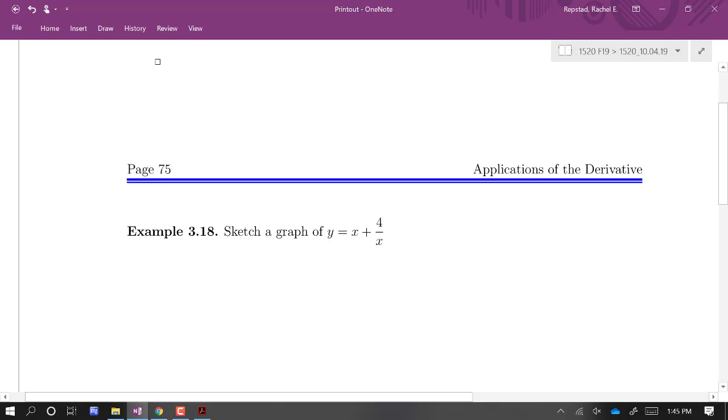So the domain: x can't be 0. If x is 0, that makes us divide by 0. We have a vertical asymptote at x equals 0.